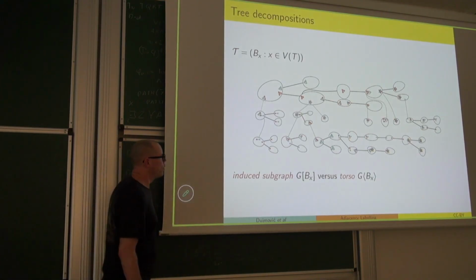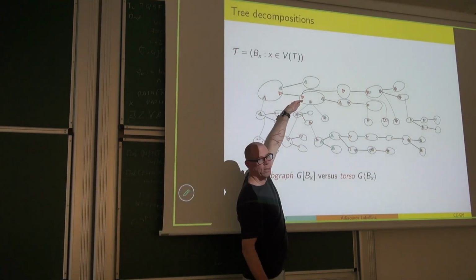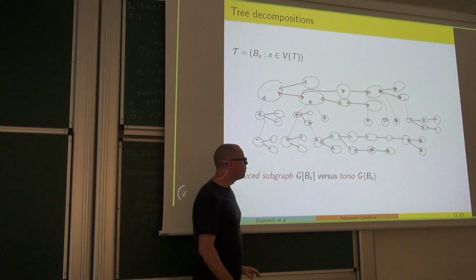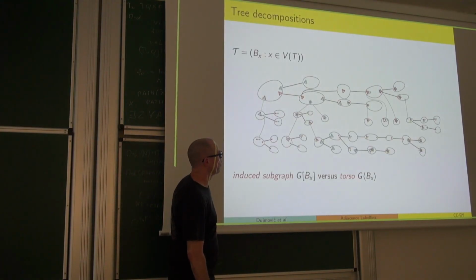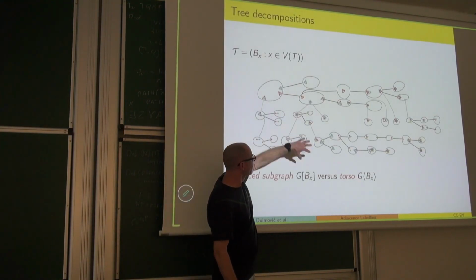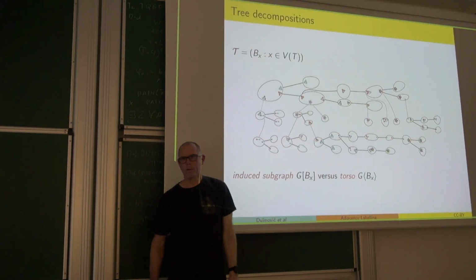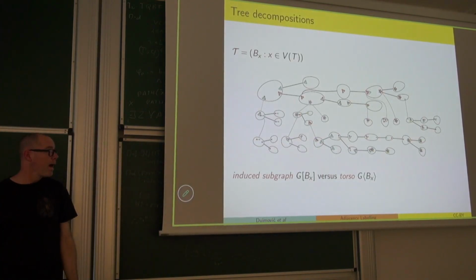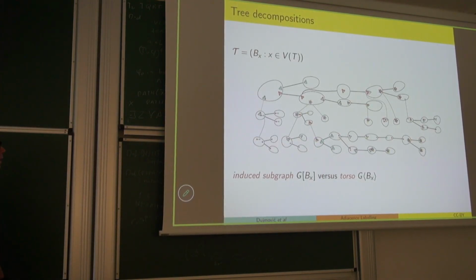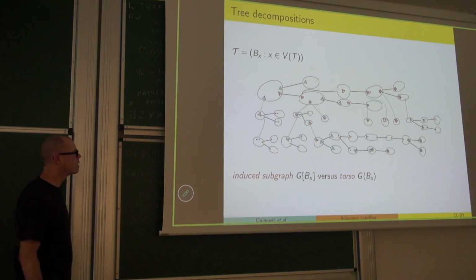There's a little issue, for instance, if I tell you to go through this clique, which way do you go? Don't worry about that. The way we deal with it is we just treat everything, this and this, as all one graph. It just happens to have more components. Okay. That's all I'm going to say about tree decompositions, unless somebody wants to ask me about them.